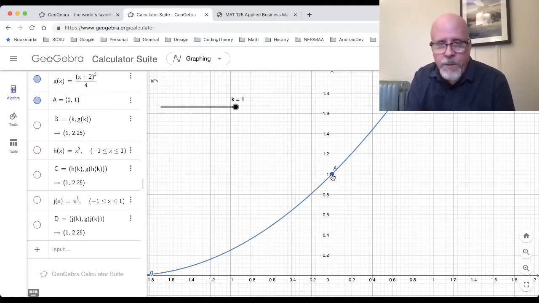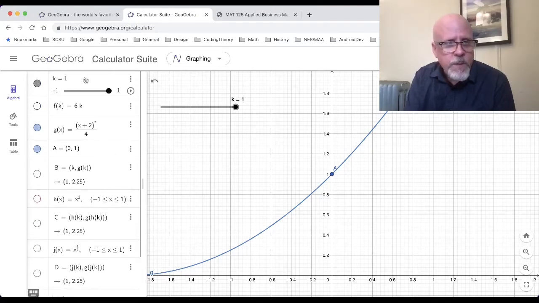So you see that's the point involved. I've also got a slider for a variable k. The first thing I'm going to do is turn on a point labeled B. Why isn't it visible? Oh, because my slider value is at 1.